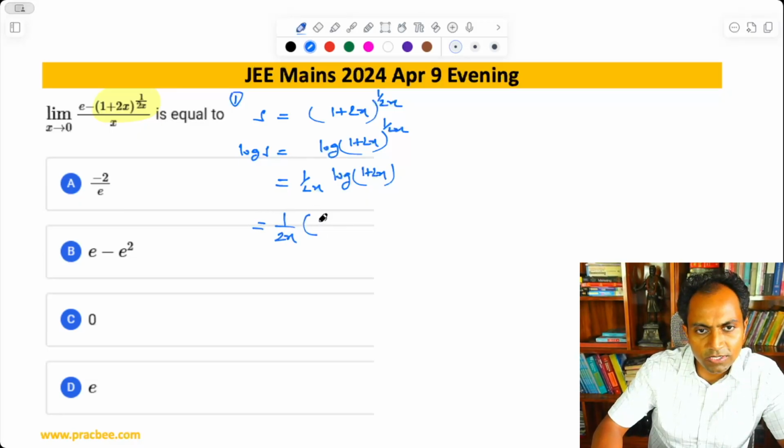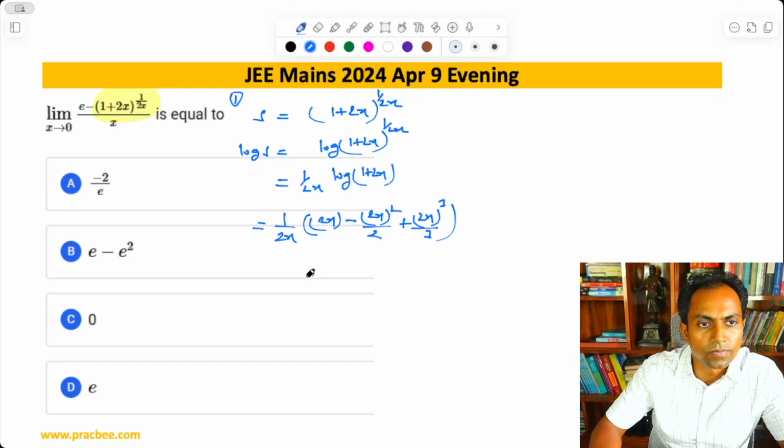The series expansion can be written as x minus x square by 2 plus x cube by 3. Okay, so we can do it like this. And now if I simplify this, 2x will get cancelled out. And what we have left is 1 minus 2x by 2 plus (2x) whole square by 3.